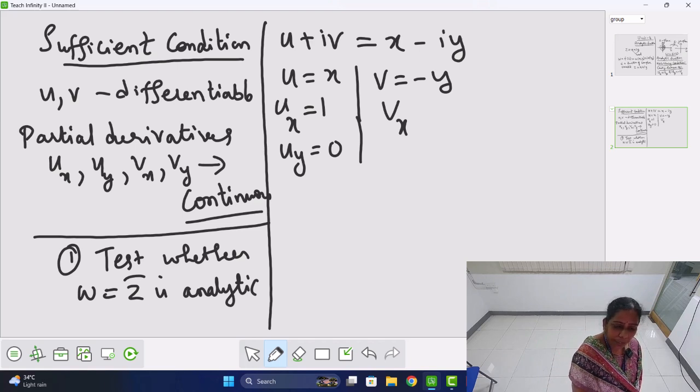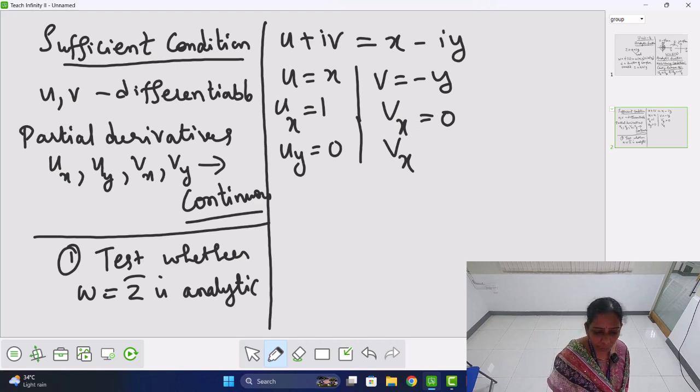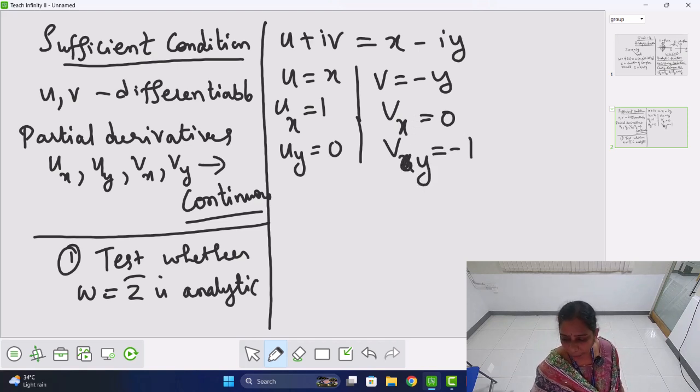Partial derivative means u is a function of two variables x and y. When we partially differentiate with respect to x, we keep y as constant. So uy is 0, and respectively vx is 0. What is dou v by dou y? It is minus 1.